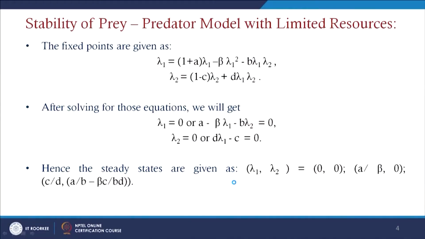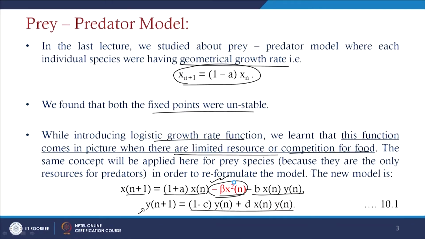If we go for fixed point analysis for this model, first we put x as lambda 1, since for a fixed point we can put f of x equals x.